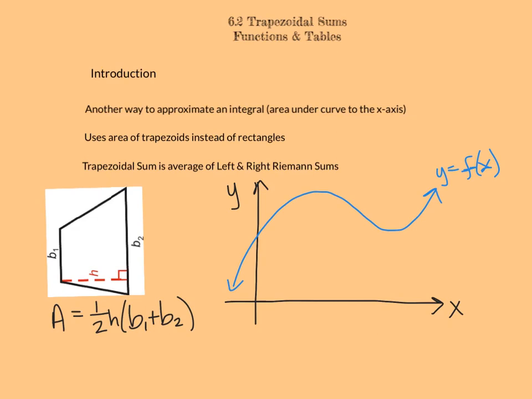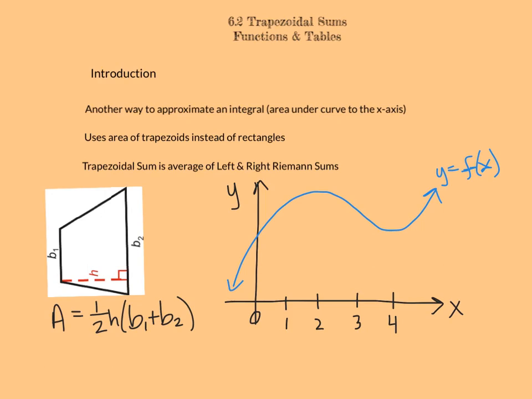So we have this function, and we want to approximate the area under the curve. Let's go until 4. So from 0 to 4, 1, 2, 3, 4. And we want to use trapezoids.